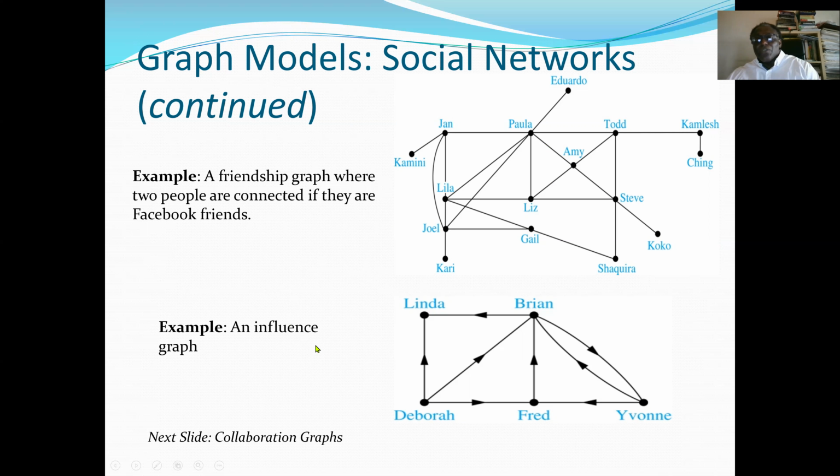In an influence graph, we may have Deborah. Influence goes through Linda, Brian, and also we have Fred. So at this point, Deborah influenced Brian, and Brian influenced others.